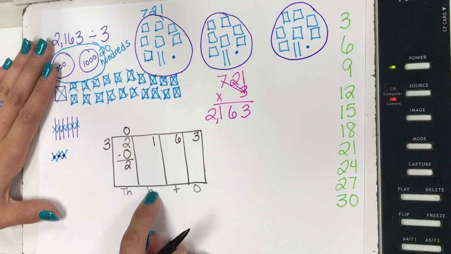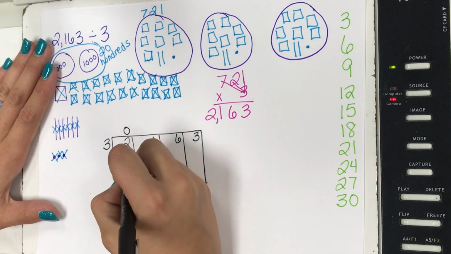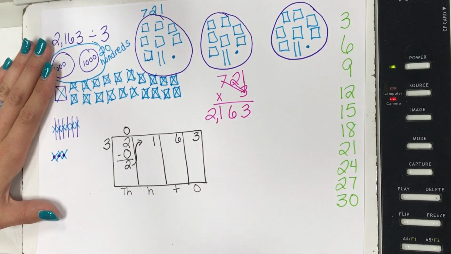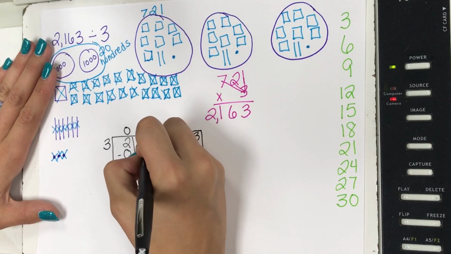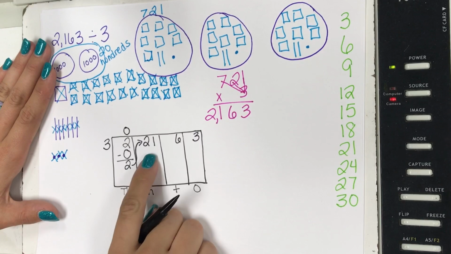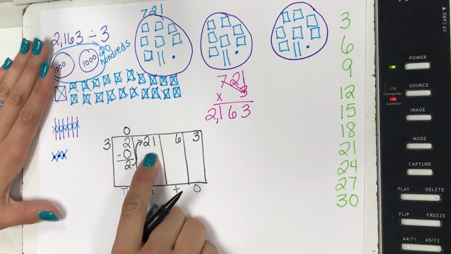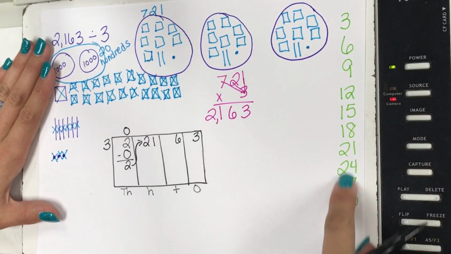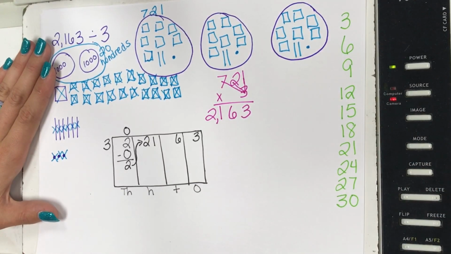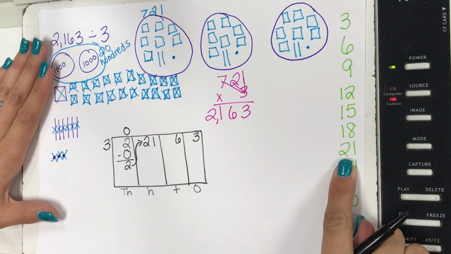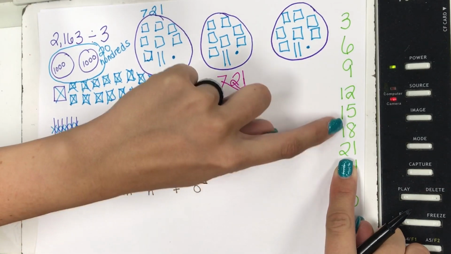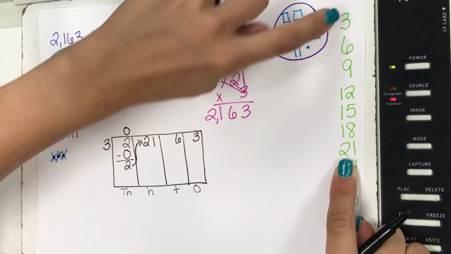What do I need to do to bring it into my hundreds place? I have to break it, and so how many am I going to have? I'm going to have the 20 that I brought over plus the one I already had. It's 21. So it's the first multiple that's bigger than 21. 24, put your finger on it. How many are above it? 1, 2, 3, 4, 5, 6, 7.